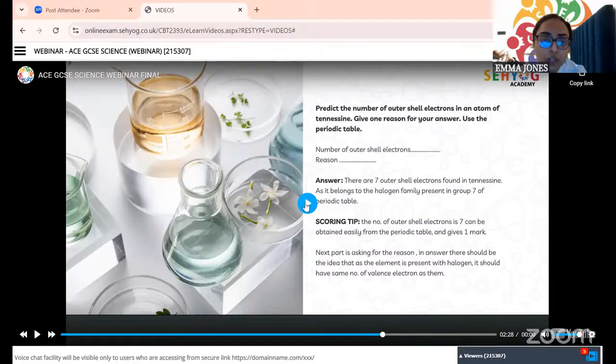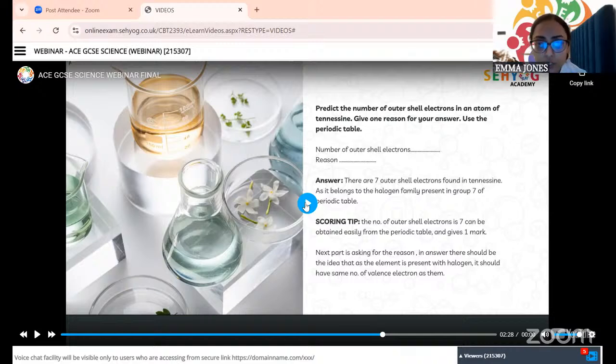We already know that in AQA we are provided with the periodic table, right? One must know how to read it and must know the trends of the periodic table. So we have to tell the number of electrons in the outermost shell of tennessine and the reason behind it.